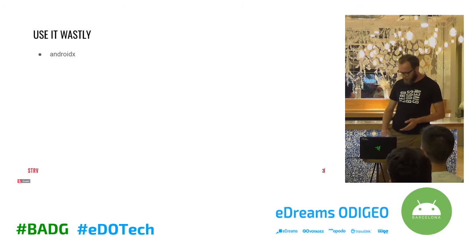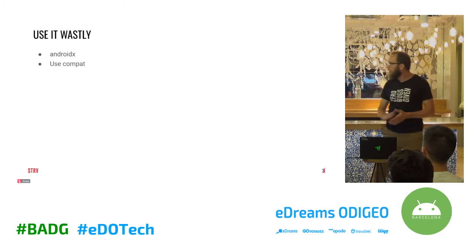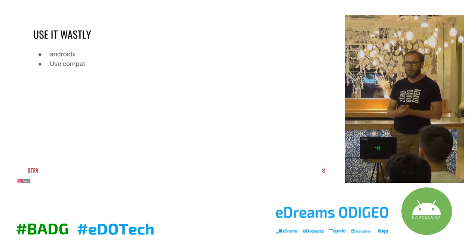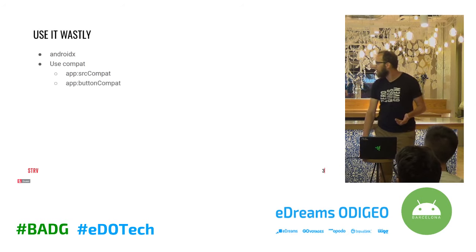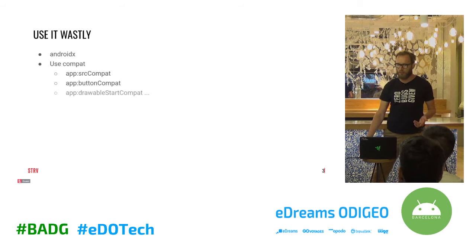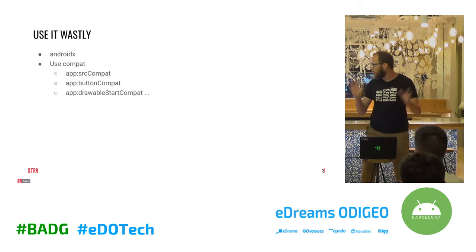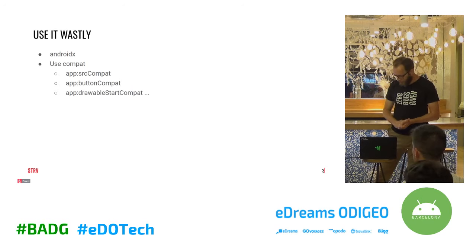Then always use Compat, even if your lowest SDK is Lollipop, because there were still some bugs that they fixed in the support library. So please use, for example, srcCompat, ButtonCompat, drawableStartCompat, and so on. There are many of them right now.